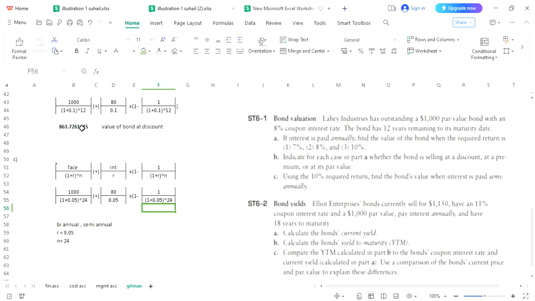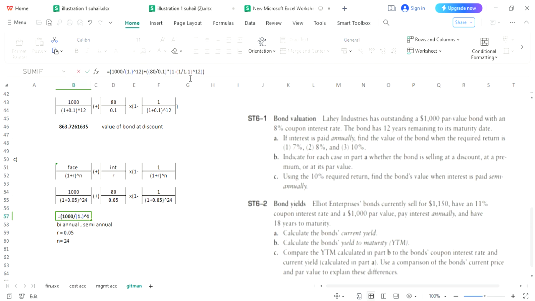We will be taking the calculated values as well, and will just change over here. Here what you will do, instead of 10% you will be writing 5%. Instead of 12 years you will write 24 as your biannuals.